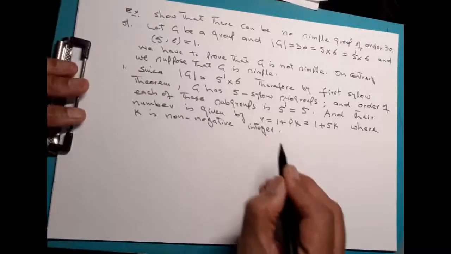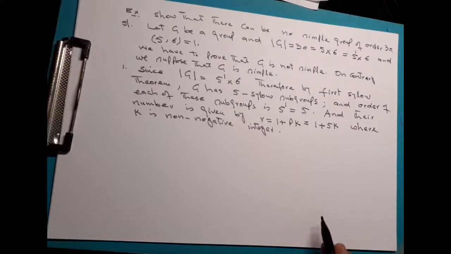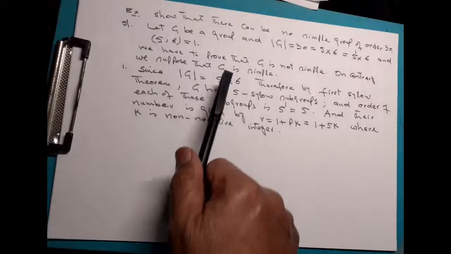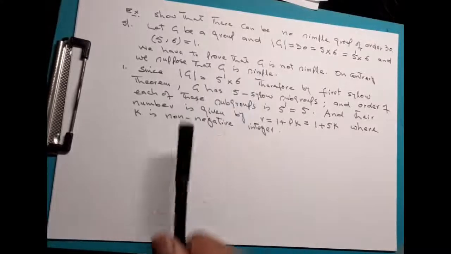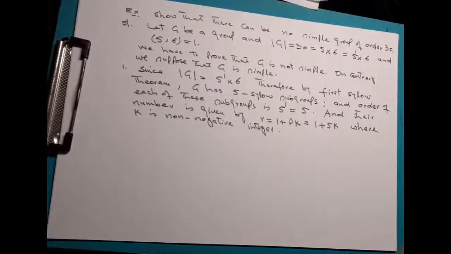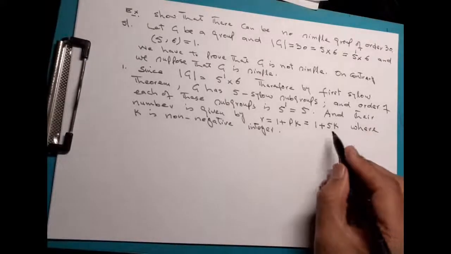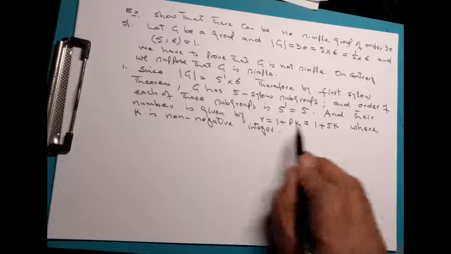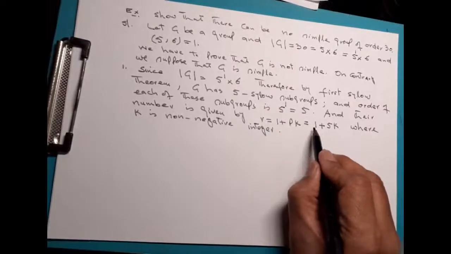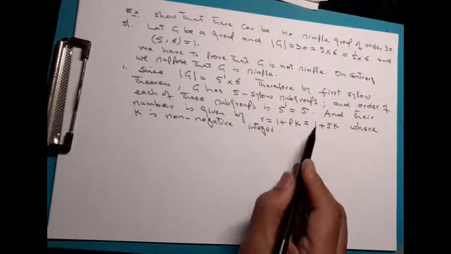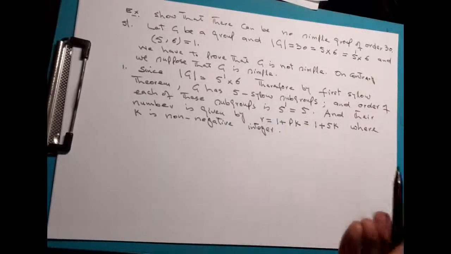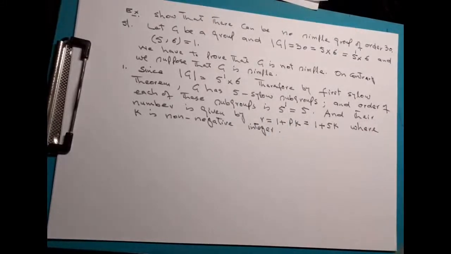Now, note that we have supposed that G is simple. By definition, a group is simple if it does not have a normal subgroup. Now note that if we put k equal to 0, then R is equal to 1, which means there will be one 5-Sylow subgroup, and if there is only one p-Sylow subgroup, that is going to be normal.